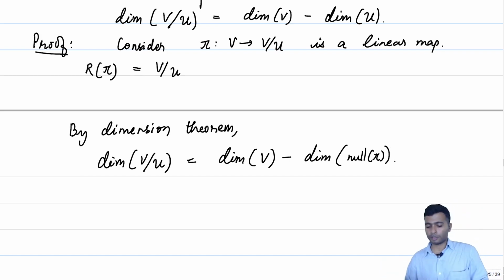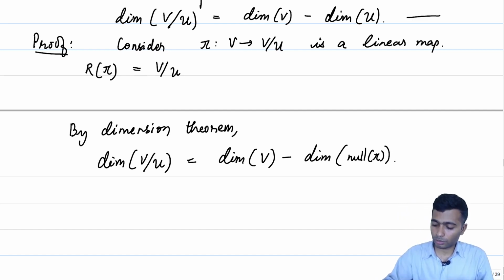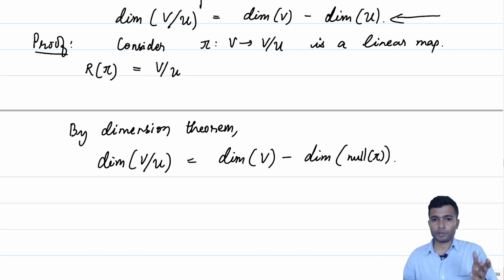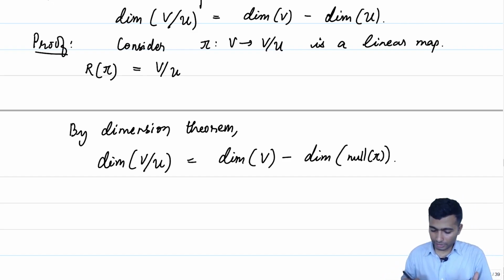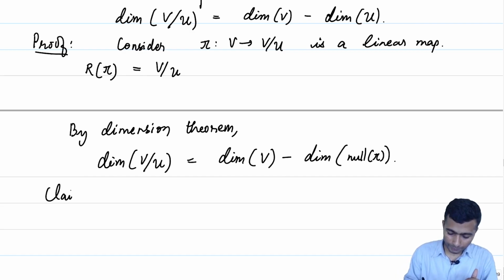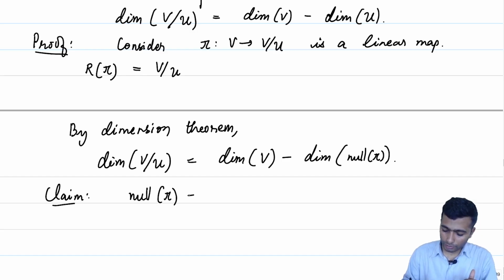So we are almost done. We have that dimension of V mod U is equal to dimension of V minus dimension of the null space of pi, and our goal is to show that dimension of V mod U is dimension of V minus dimension of U. So one should expect that the null space of pi and U have something to do with each other. In fact, they do. Claim: the null space of pi is exactly equal to U.